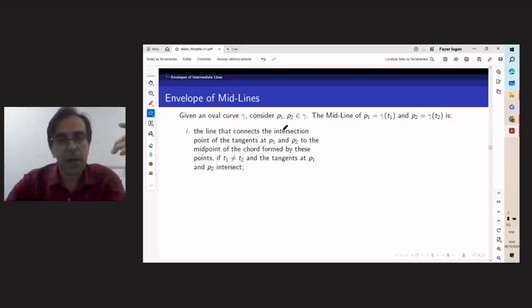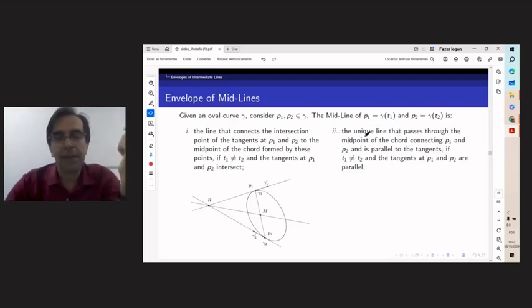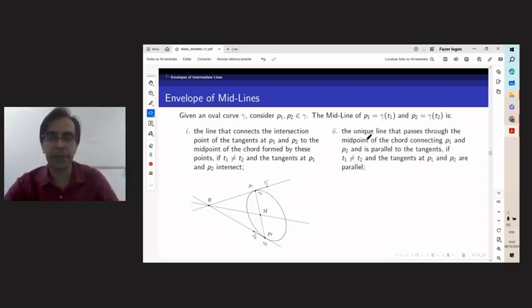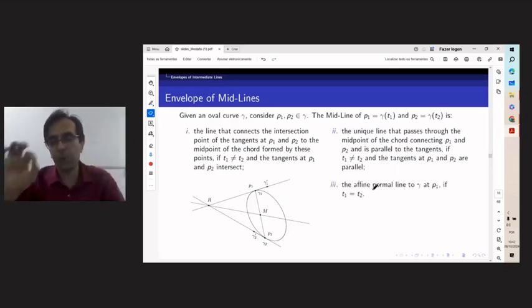The first possibility is that the tangents to the curve at these two points have an intersection, or these two points can have parallel tangents, or these two points are exactly the same.